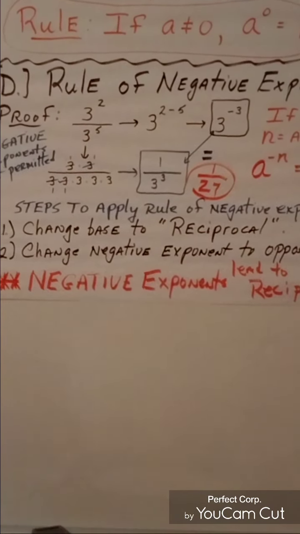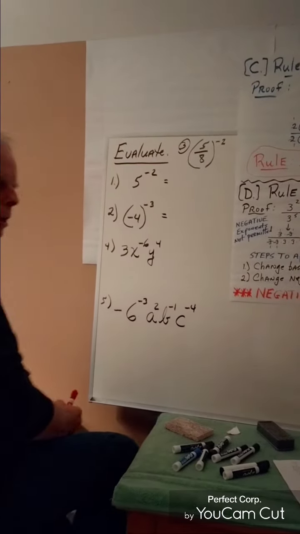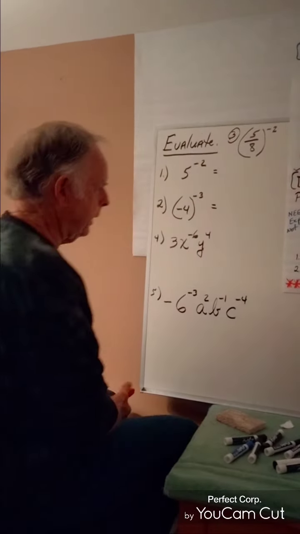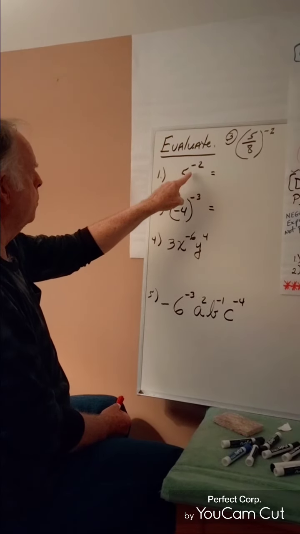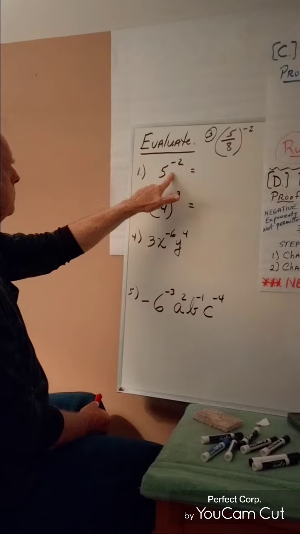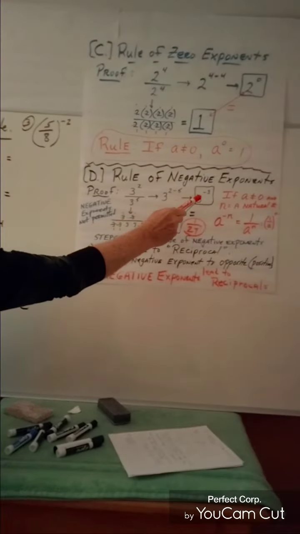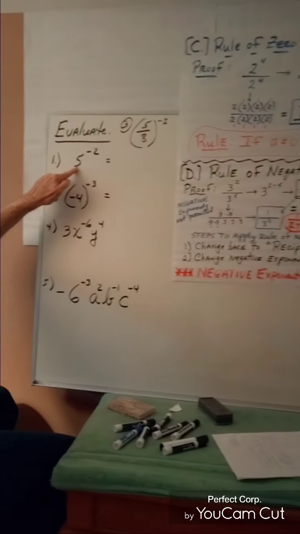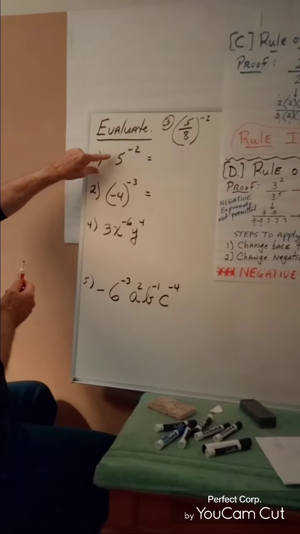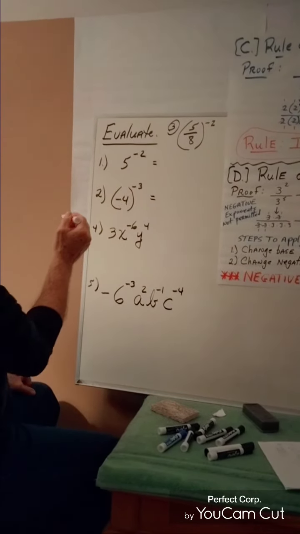So now we're going to take a look at a total of 5 little problems that deal exclusively with the rule of negative exponents, and we'll start with number 1. This puppy is just like him. Step number 1. Change the base to its reciprocal.